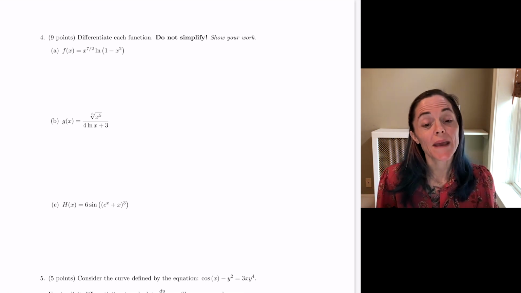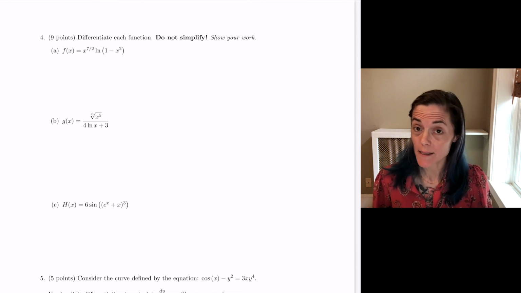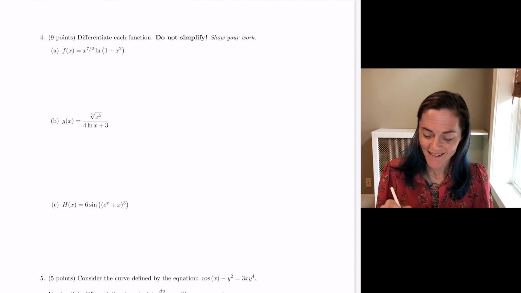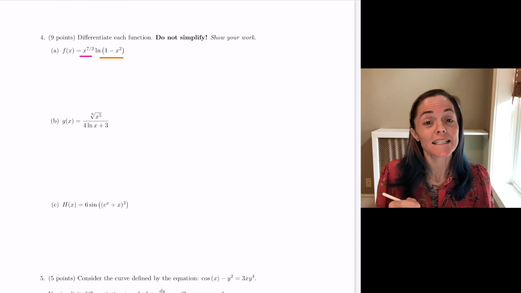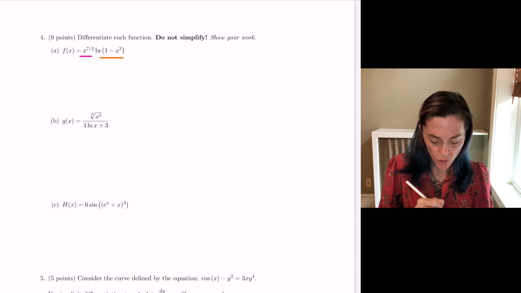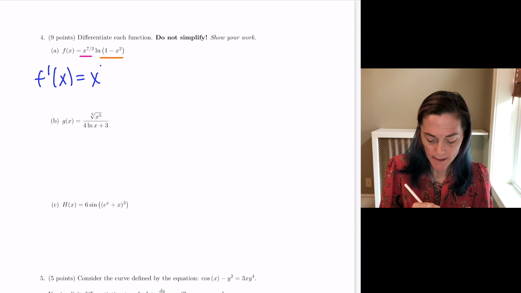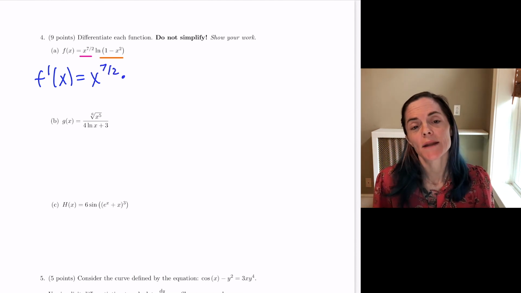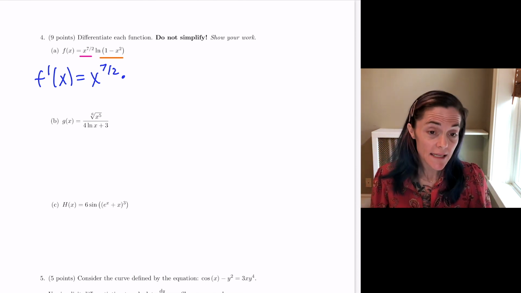Number 4, we have 3 derivatives. Differentiate each function, and we do not need to simplify our derivatives. Well, this first one, you see I have one function times another function. So when I go to differentiate f, this will be product rule. Okay, here we go. We have first, which is x to the 7/2, times, well, if I want to differentiate natural log of 1 minus x squared, this is a chain rule.